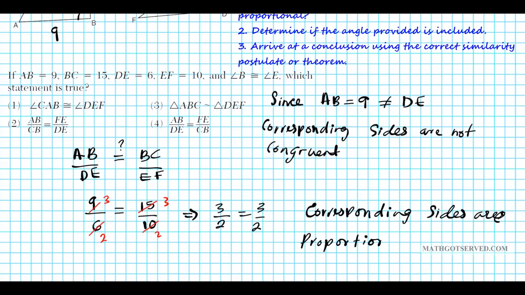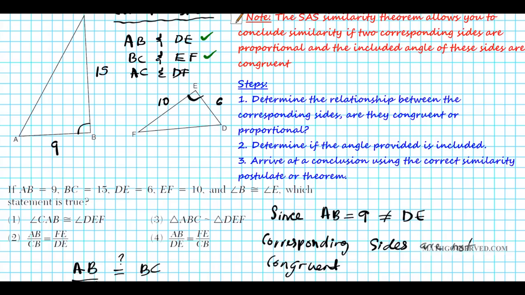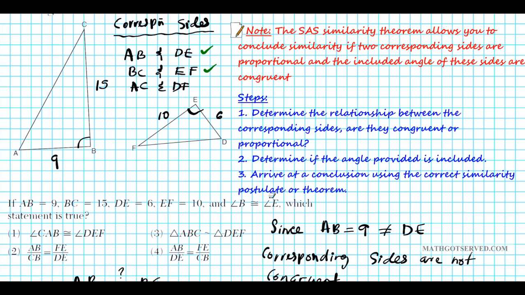So that is needed for similarity. Okay, now corresponding sides are proportional. Are included angles congruent? Absolutely. Angle B is congruent to angle E. This is an included angle, because it's between the two given proportional sides. Now, since corresponding sides are proportional and the included angle is congruent, we have the SAS similarity postulate.